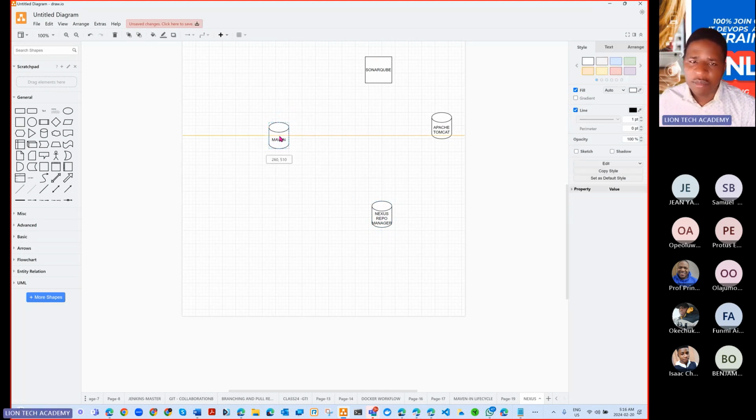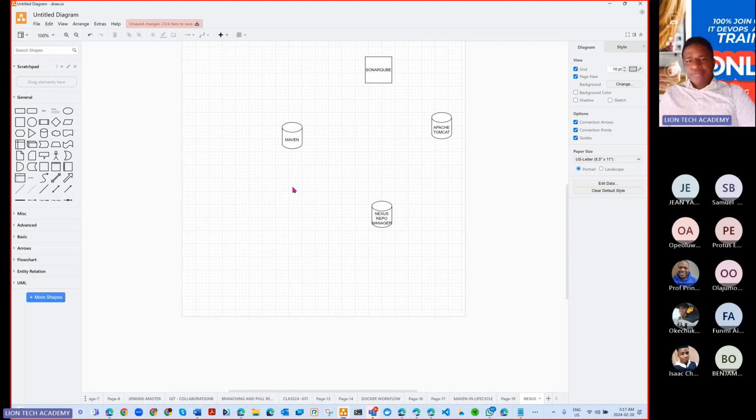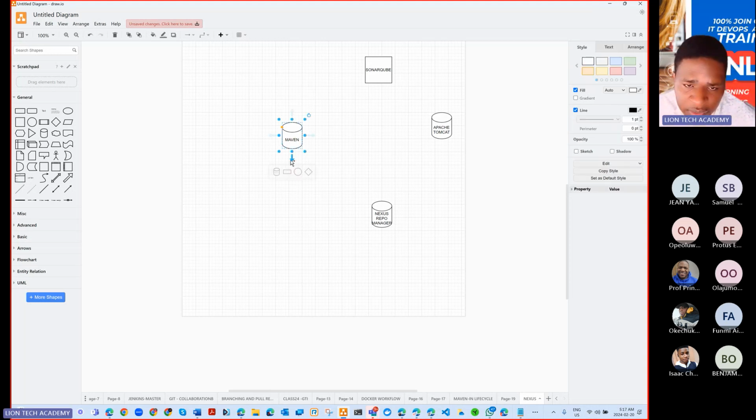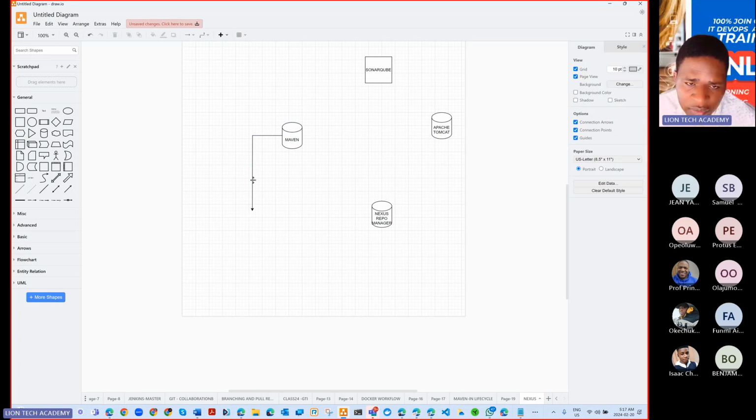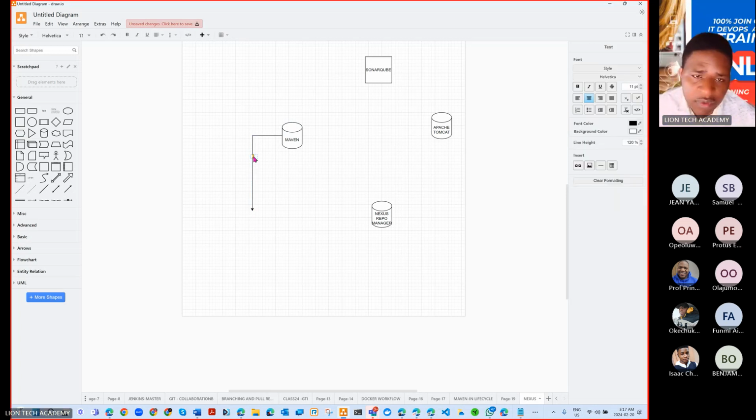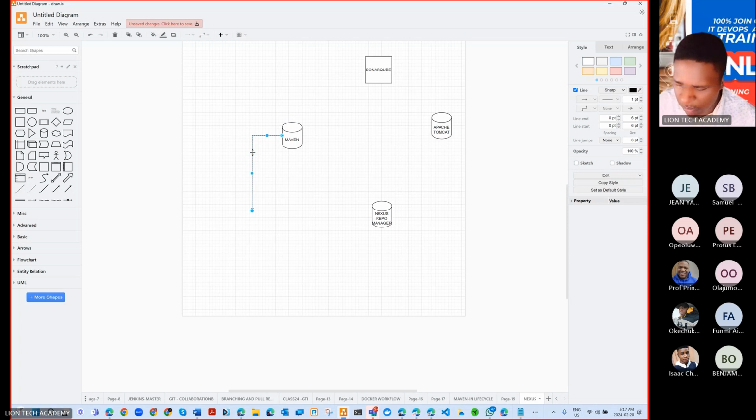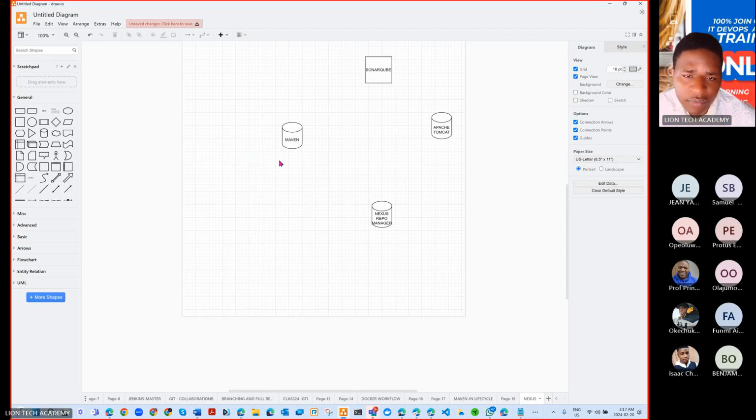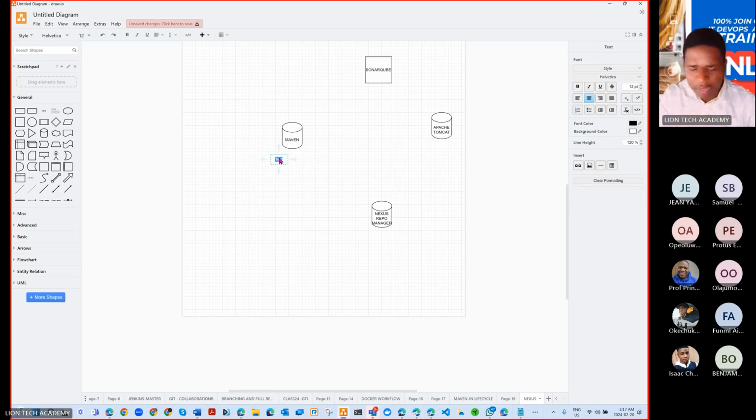So this is what is happening here. First, Maven builds and packages the application.